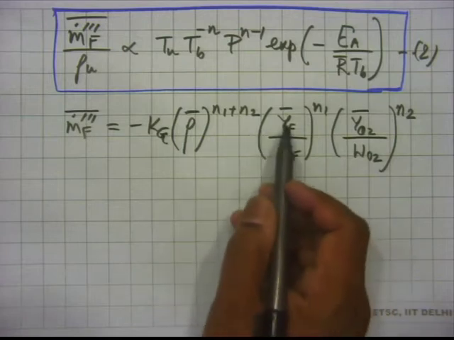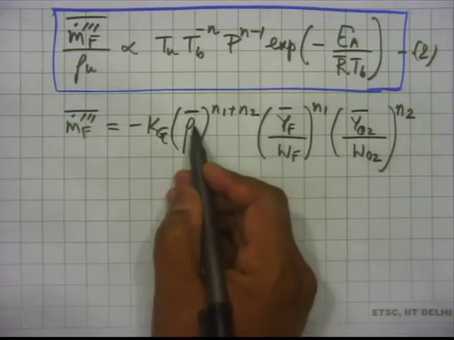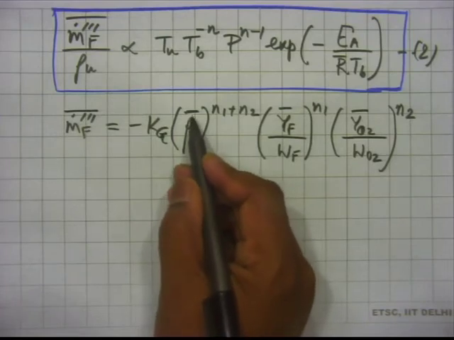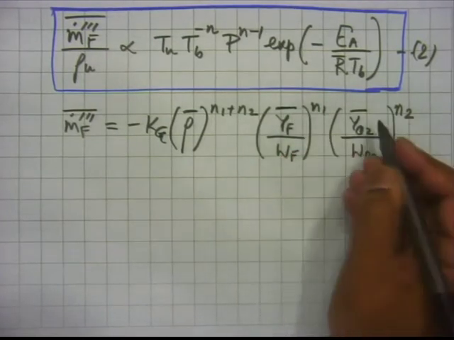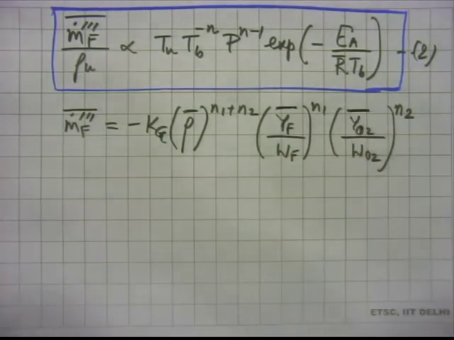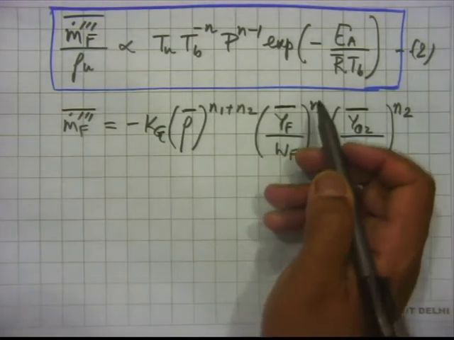But in addition to mass fraction, you will also end up getting density. Okay. So we'll use an average value of density, an average value of the fuel mass fraction, and an average value of the oxygen mass fraction. And these powers are N1 and N2.